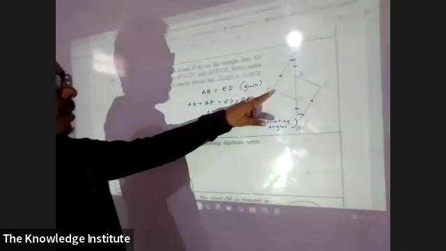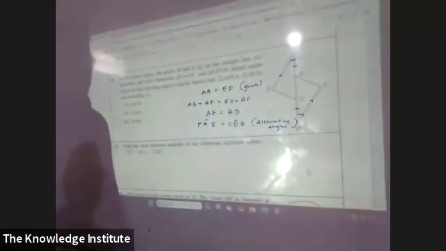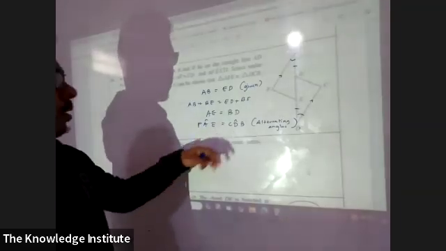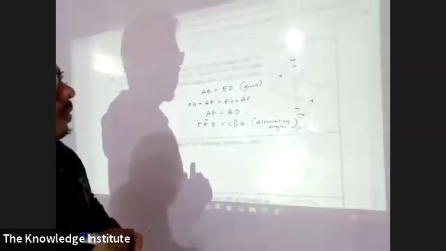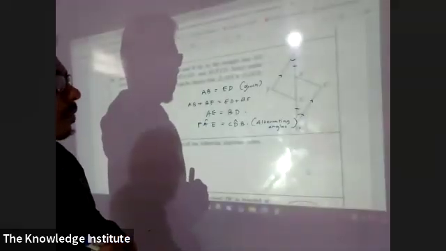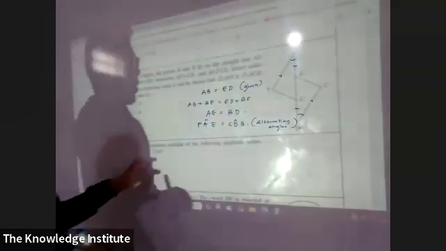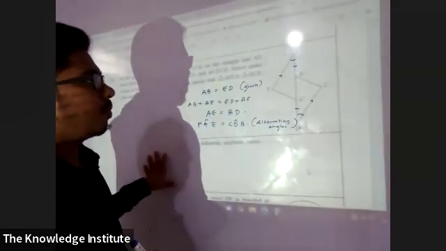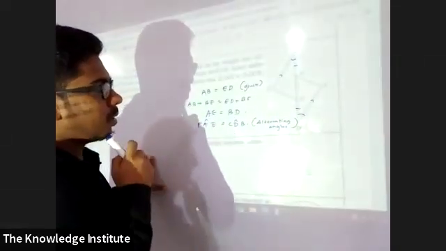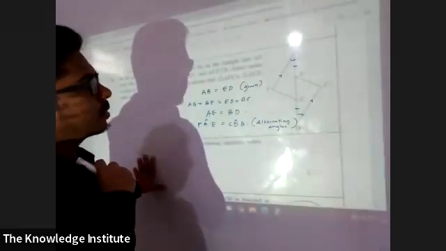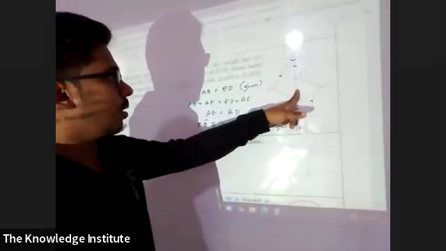So we have shown one side, one angle, and then one more thing is needed.